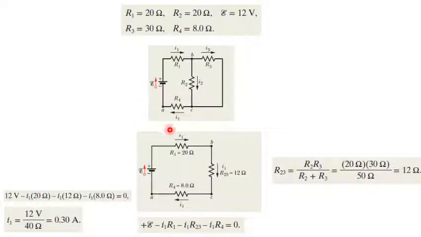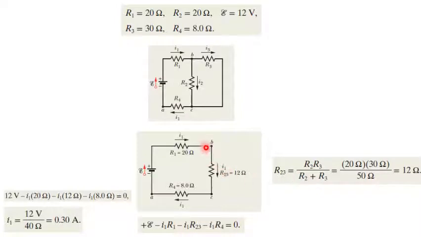As we say, R2 is parallel to R3, so we can replace R2 and R3 by their equivalent parallel resistance. And we said that if we have two parallel resistors, the equivalent resistance would be the multiplication of the two resistors over the summation of the two resistors.